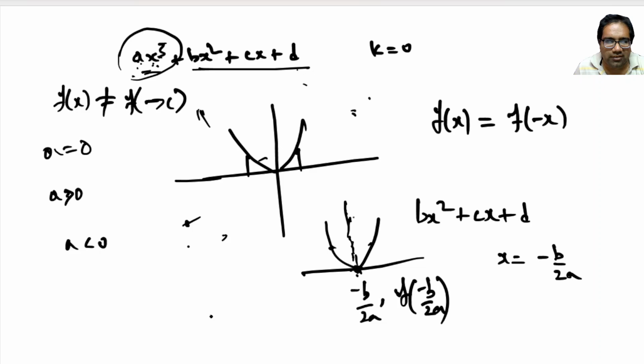Minus b by 2a, if the expression is x square plus bx plus c. Okay, so now in this case it is bx square plus cx plus d. It should be minus c by 2b.